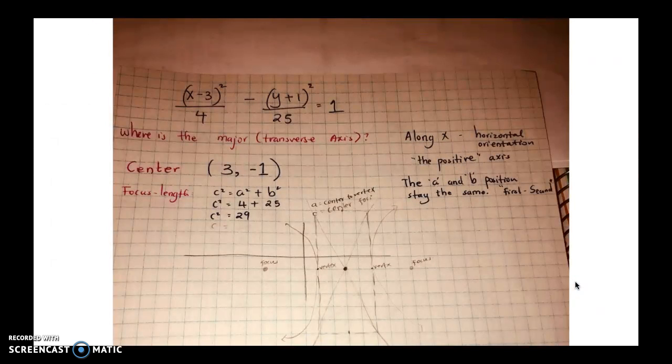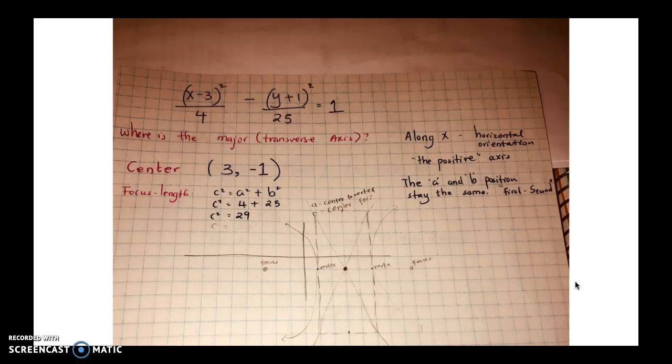So the first thing I asked myself is, where is the transverse axis? I asked myself which one was the positive one. Was it the x variable or the y variable? In this case, it was the x variable, which means the transverse axis is along or parallel to the x-axis, which means this will be a horizontal hyperbola.